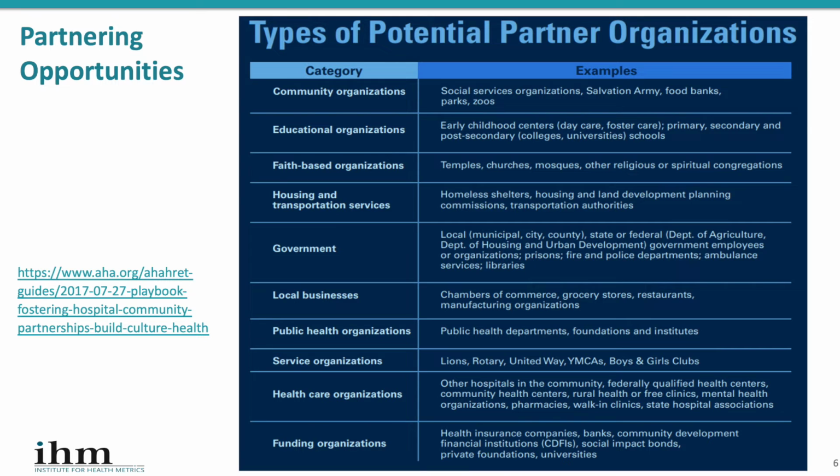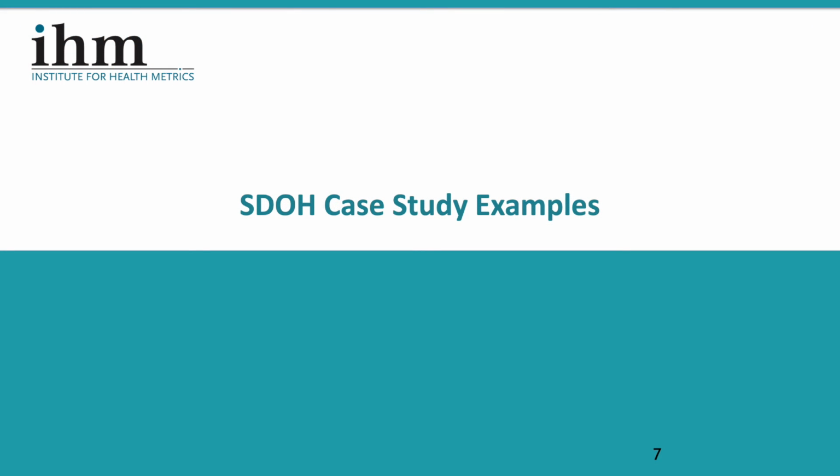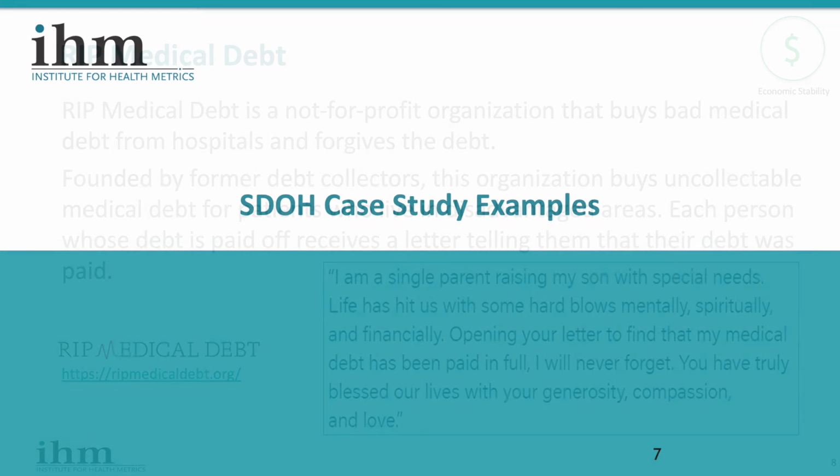And this is really where the position of a hospital and a community can be very powerful in terms of leading a coalition of partnership of organizations to partner in meeting social needs of a community to help improve health status within the community. So I want to just give you a couple of examples here. There are plenty more that I could talk about, but just some food for thought.